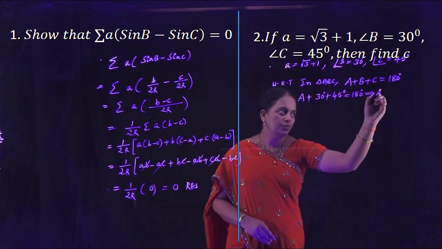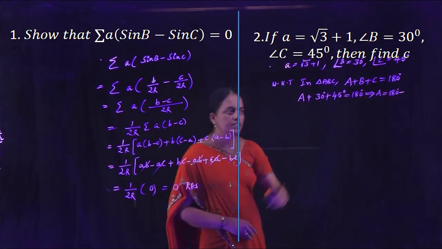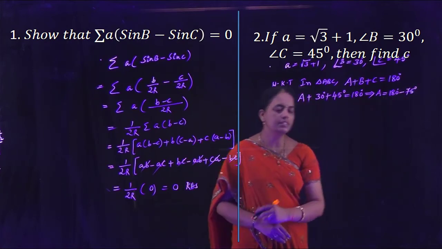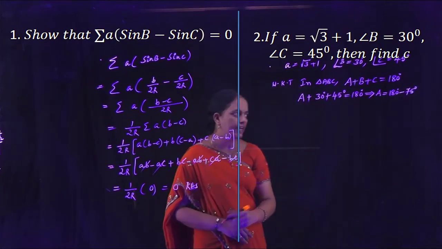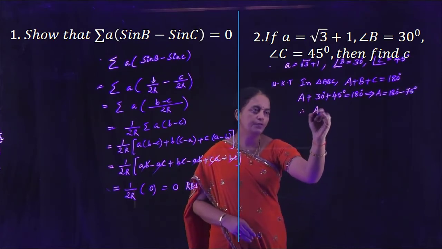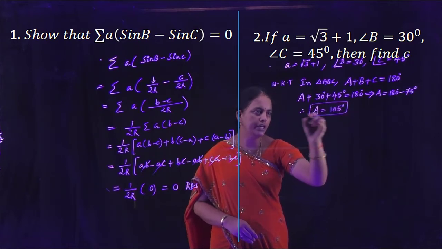From this we can write A is equal to 180 minus (30 plus 45), which is 75. Hence A is equal to 180 minus 75, which is 105 degrees. Therefore, angle A is equal to 105 degrees.